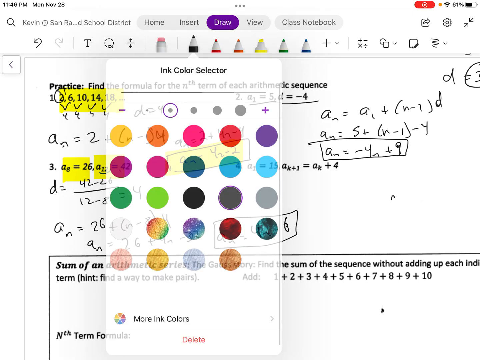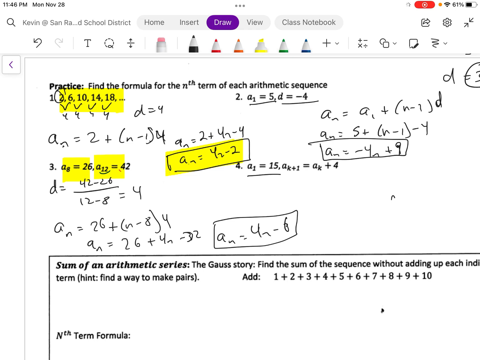Okay, and for the last one, very quickly, a sub n equals a sub 1 plus n minus 1 times d. So first thing is, what is our a sub 1? 15 plus n minus 1. And the question is, what is our d?